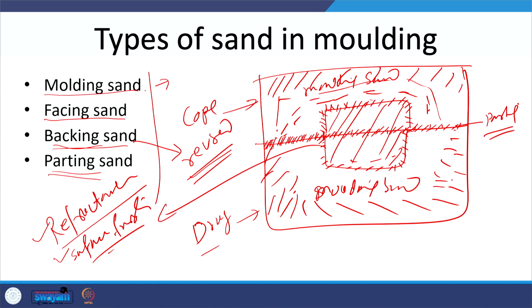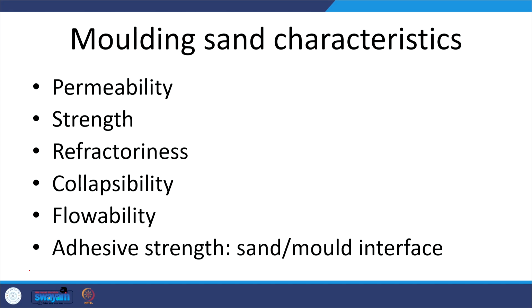And the molding sand is the one in the vicinity of the pattern, which offers the desired characteristics to the mold for producing the sound casting. So, what are the characteristics that are desired for producing the sound casting? About that we will see.